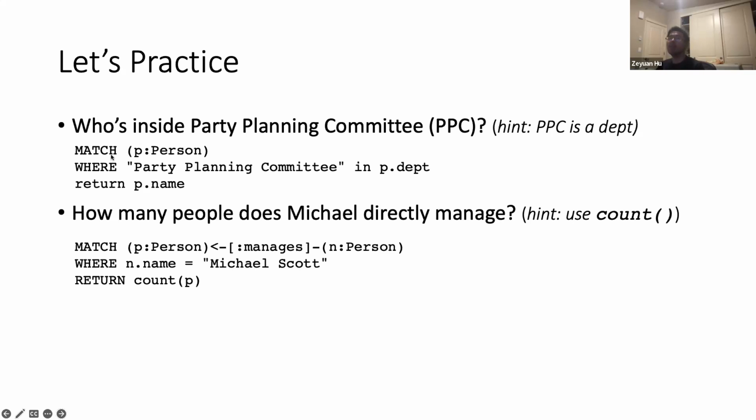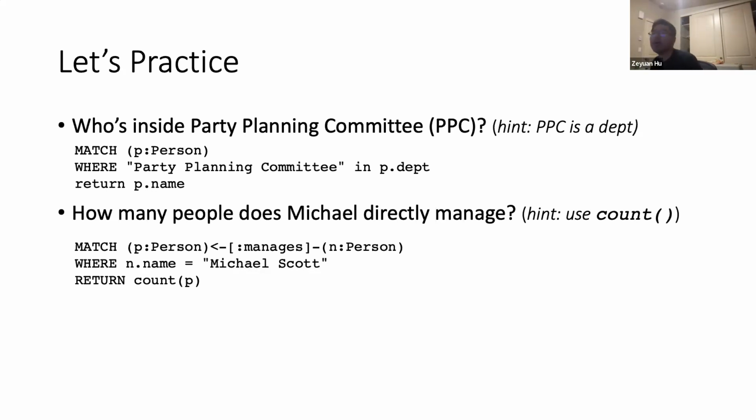We want to MATCH all the nodes p of type Person, WHERE 'Party Planning Committee' IN p.dept. Here dept is a key, and we want the corresponding value to be Party Planning Committee. Then we RETURN p.name, where p is the variable, a kind of pointer to this specific node, so we return its name.